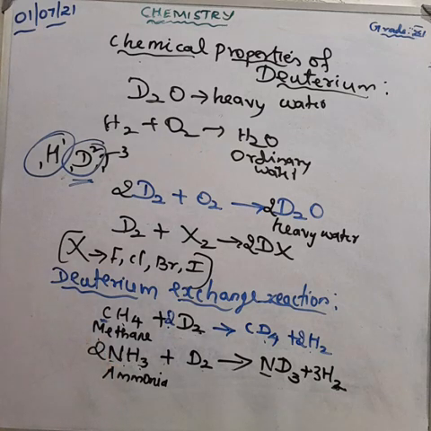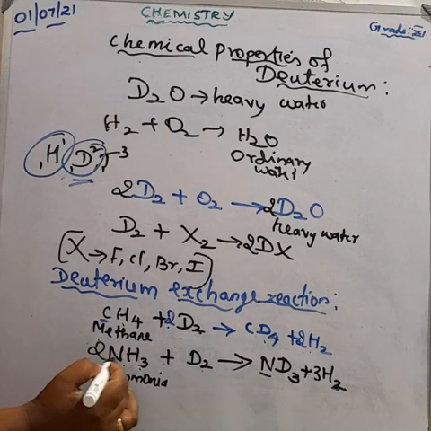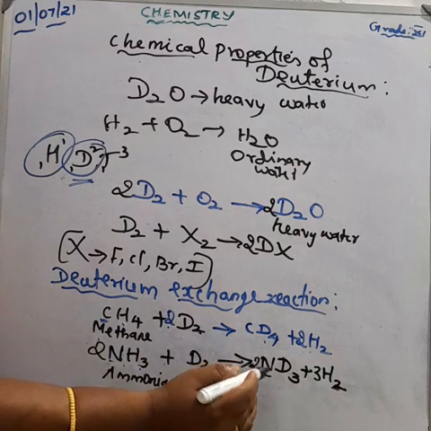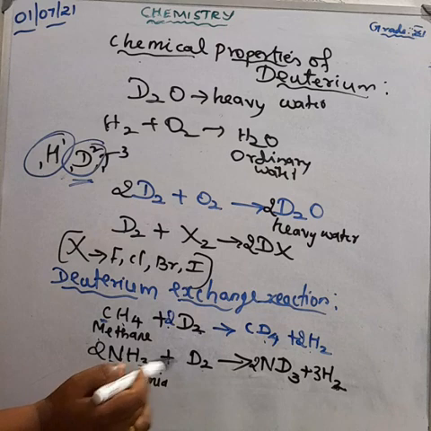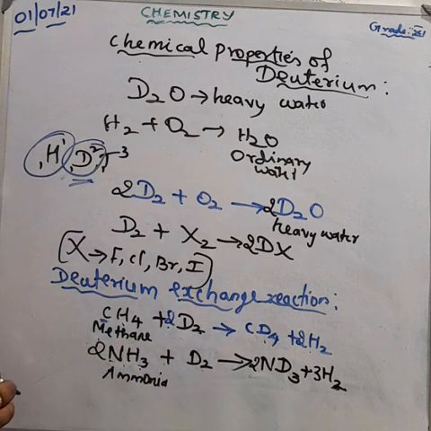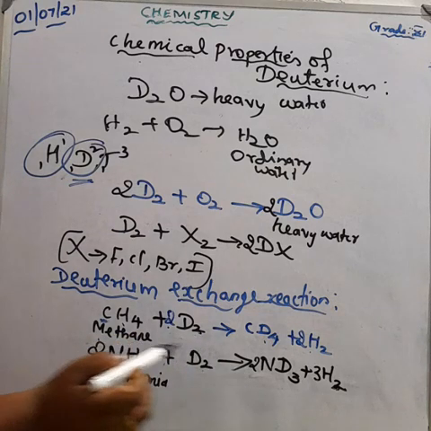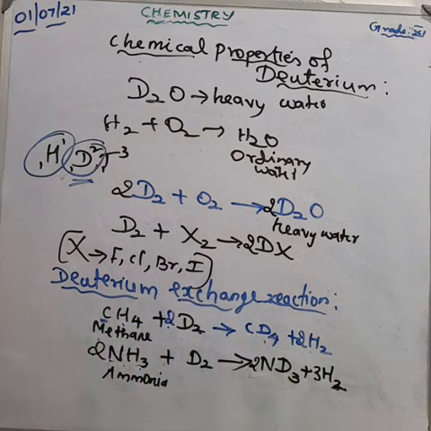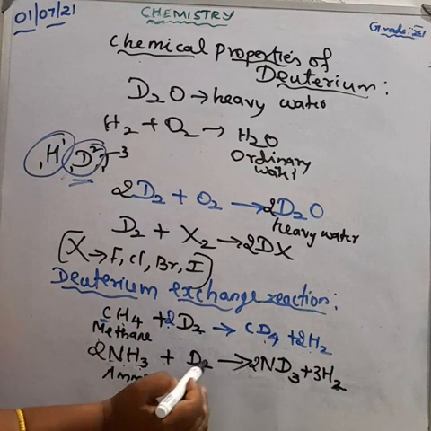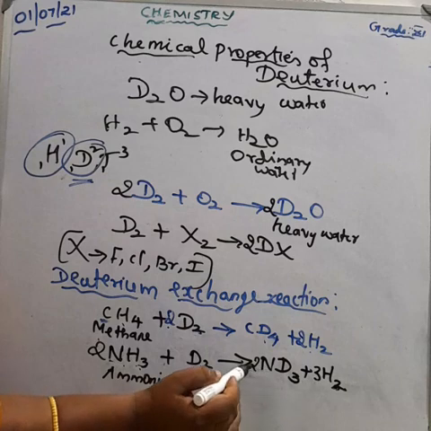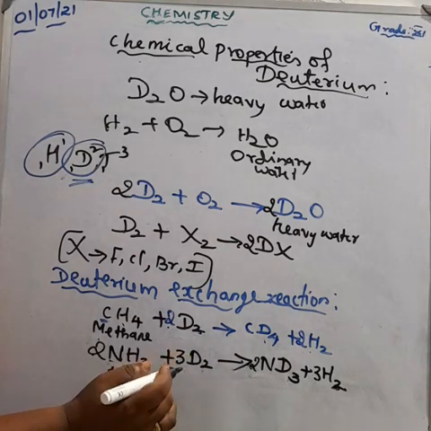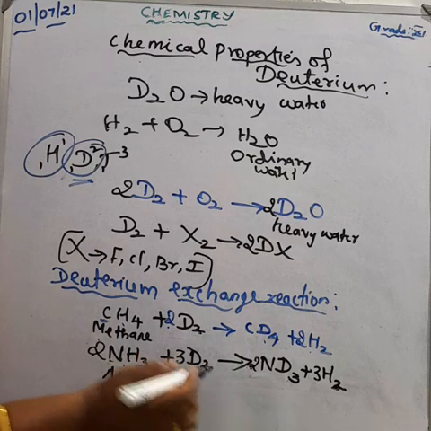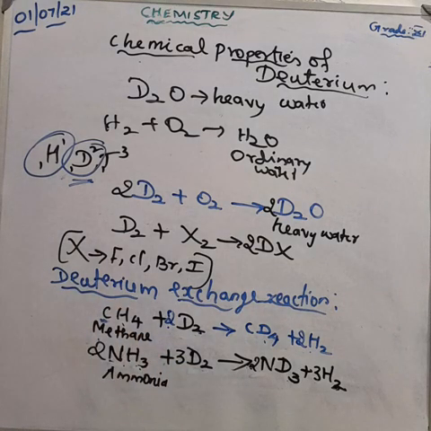Also nitrogen: 2 here but only 1 here, so we make it 2. Nitrogen is also balanced now, 2 nitrogen here and 2 here. Hydrogen: 2 3s are 6 and 3 2s are 6. But deuterium: only 2 deuterium atoms here, but 3 2s are 6 here, so I have to make it 3. Now 3 2s are 6. Deuterium is also balanced.